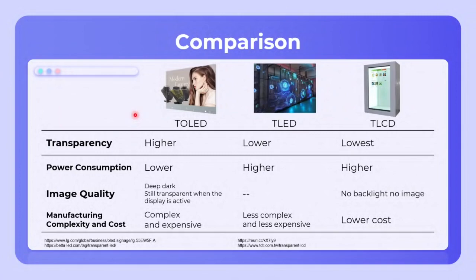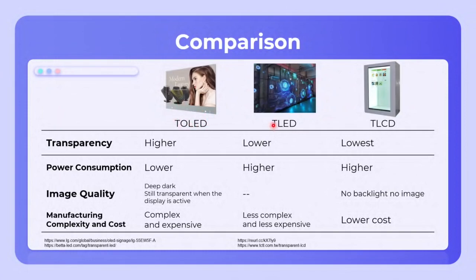Next is the comparison of the transparent OLED, transparent LED and transparent LCD. This one is LG's transparent OLED, and the technology used is the transparent subpixel in the pixel to make their TV become transparent.